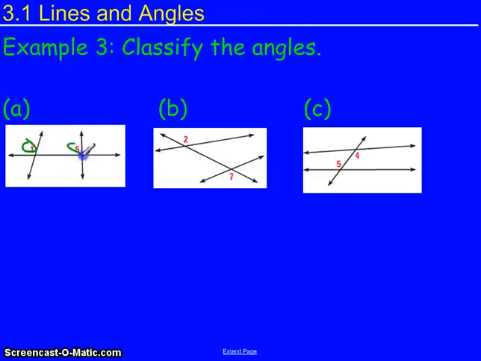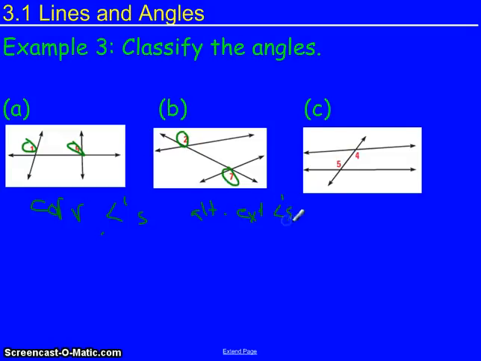Looks like they're at the same position on the two intersections, so that's going to be corresponding angles. We're just going to abbreviate that just like so.